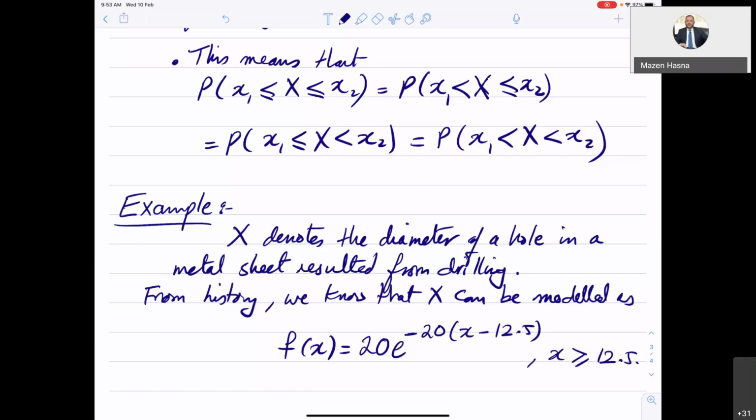So this is the distribution. We know that people who work in the factory that manufactures the drill know this from history. They manufacture those drills and did a lot of experiments, and based on the data, they fit it into what later on we will see is an exponential distribution. But f of x can be any function.